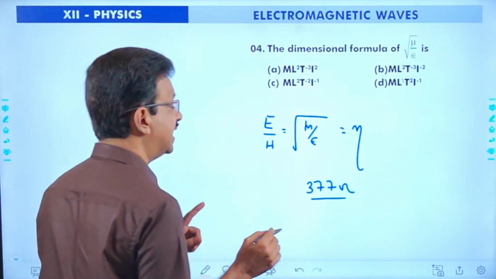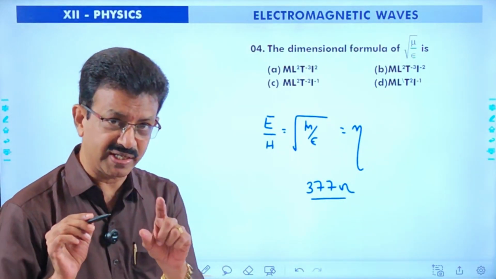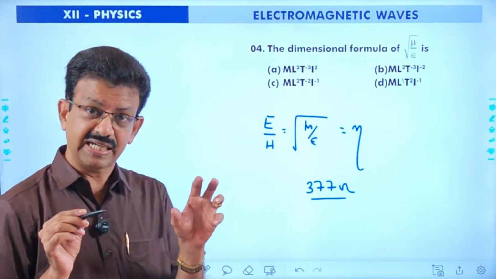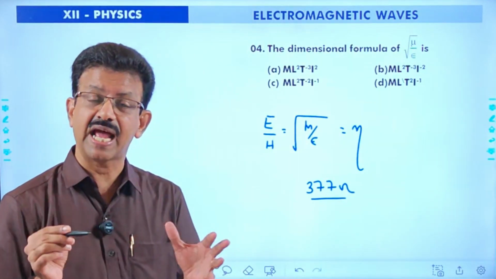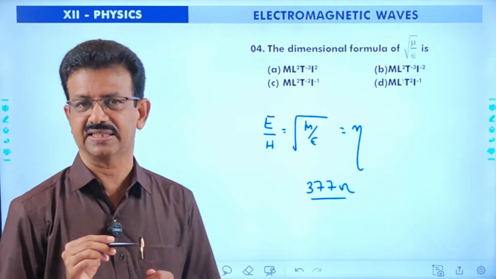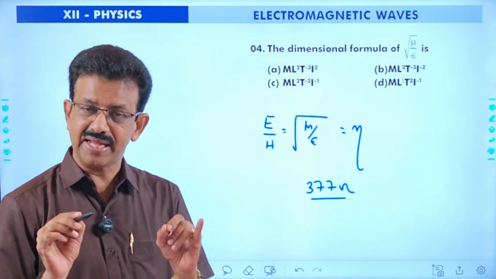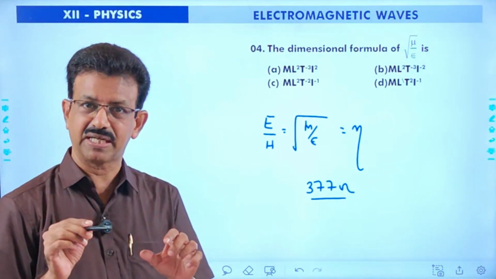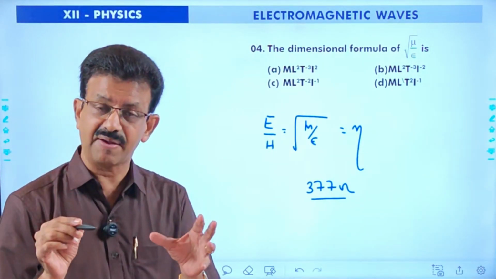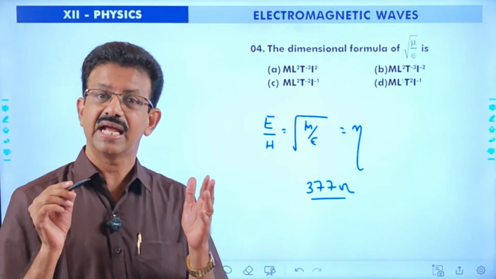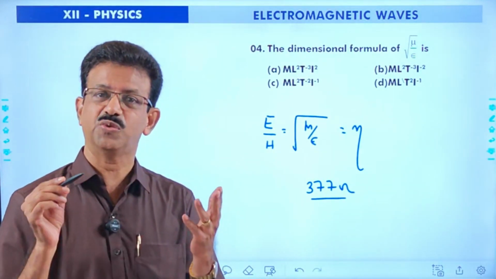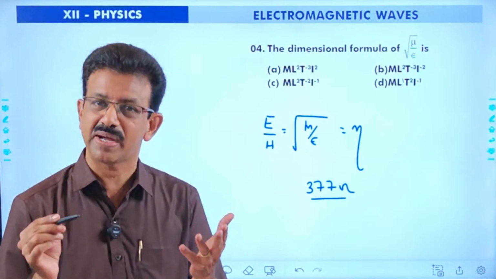Its unit is ohm. The term is characteristic impedance, meaning it will have the dimensions of resistance. Therefore, E by H equal to root of mu by epsilon equal to eta will have the dimensional formula of electrical resistance. That is M L square T raised to minus 3 I raised to minus 2.